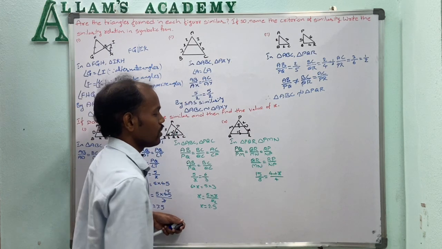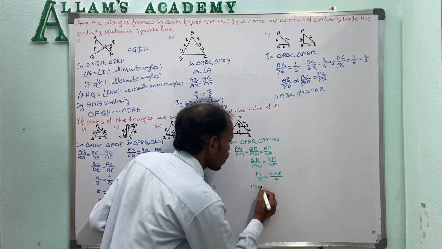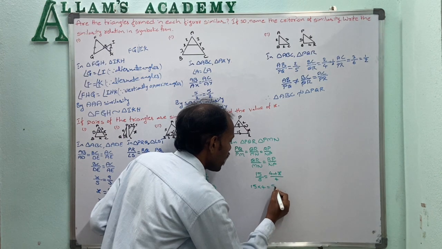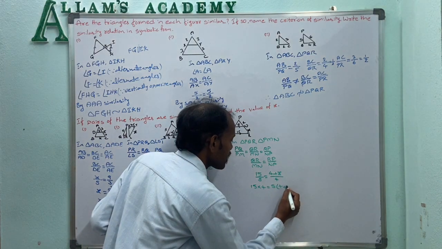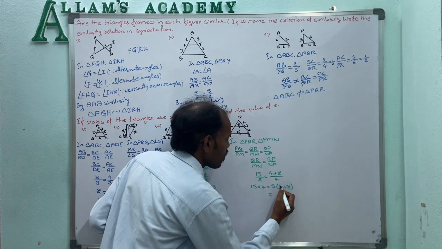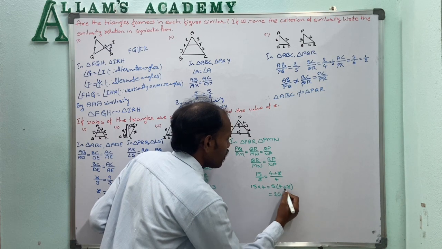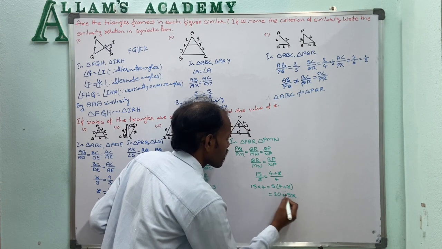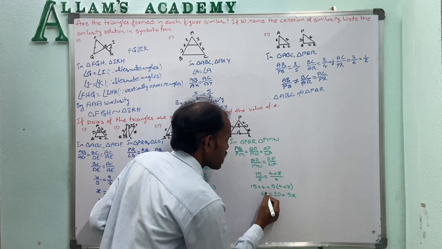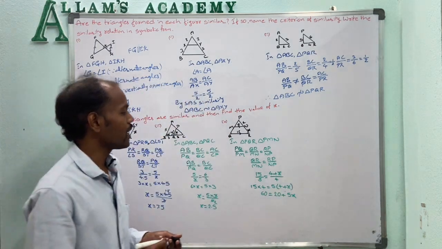Okay, now by cross multiplication, 15 into 4 equal to 5 into 4 plus x. So 5 into 4 plus x: 5 into 4 is 20, 5 into x is 5x. 15 fours are 60, and 20 transferred to this side becomes minus 20.